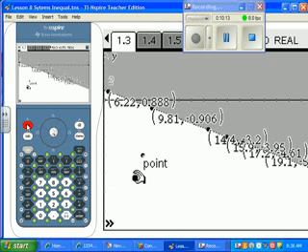Okay. Oop, I just put 2 on there. That's okay. Okay, so here's my point. How am I going to figure out the coordinates of it? You gotta get out of the point tool.